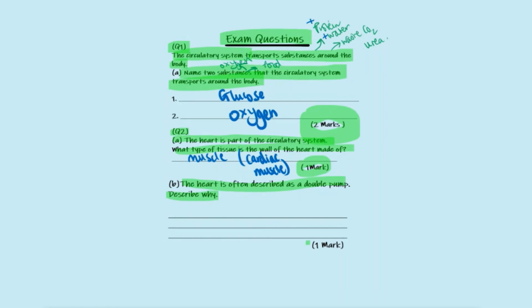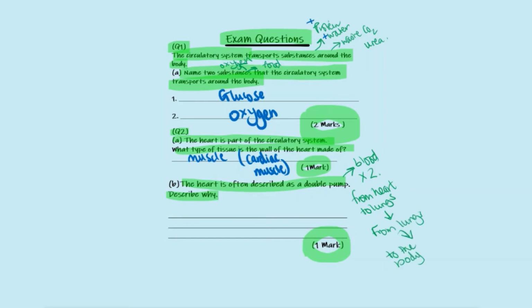Describe why, worth 1 mark. Remember, the double means that the blood goes through the heart times 2. Remember, the blood goes from the heart to the lungs to collect the oxygen, and then from the lungs to the body.